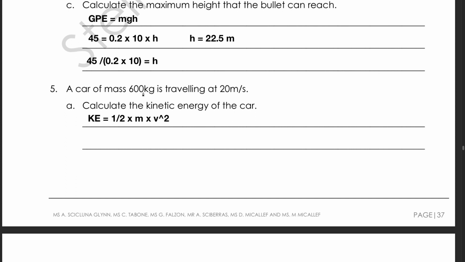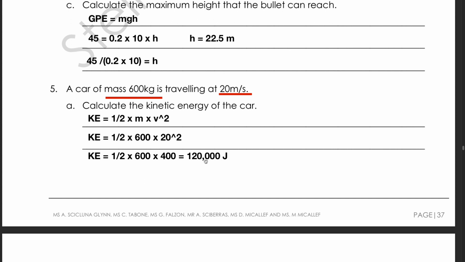From the information we were given, mass is 600 kilograms, the velocity is 20 meters per second, so all we have to do is substitute those values into the equation, which will give us KE is going to be equal to 1/2 times 600 times 20 squared. We can rewrite that to be 1/2 times 600 times 400, the answer of which will be 120,000 joules.